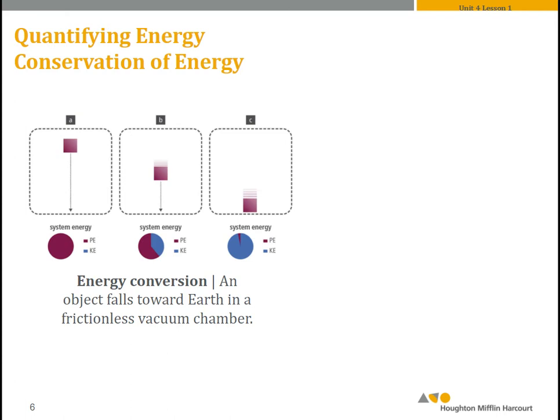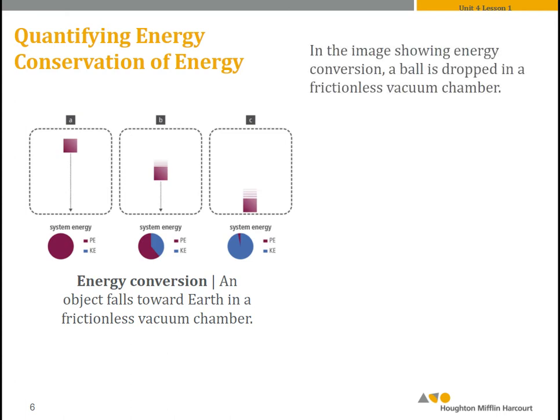Here we see a model of energy conversion. This is one in which an object starts at a certain height. This square represents a ball. I don't know why it's a square if it represents a ball, but it represents a ball dropped in a frictionless vacuum chamber.